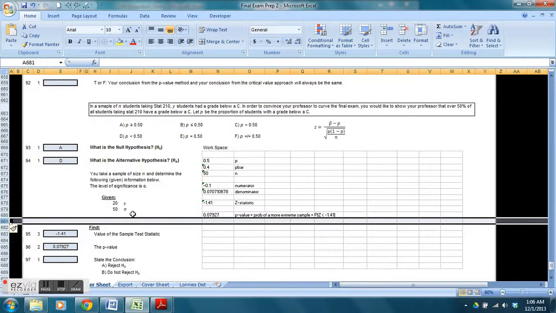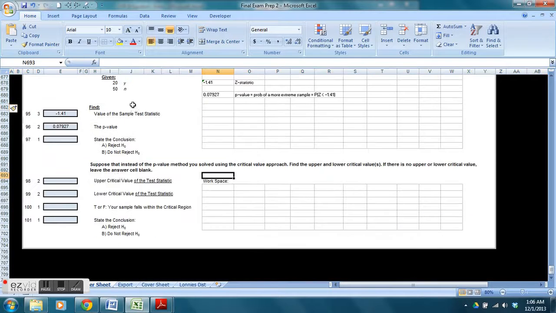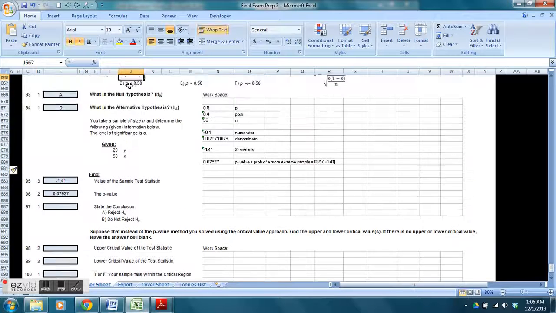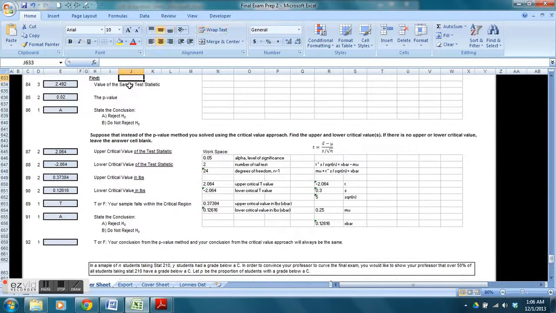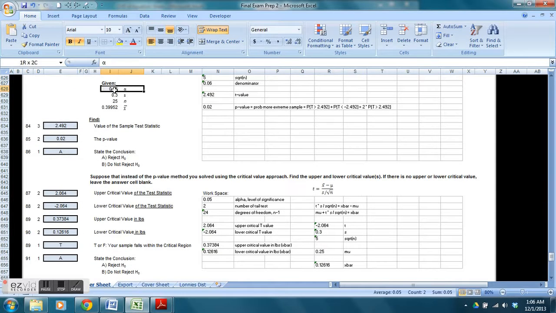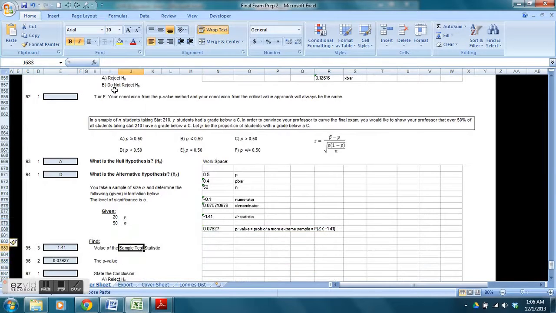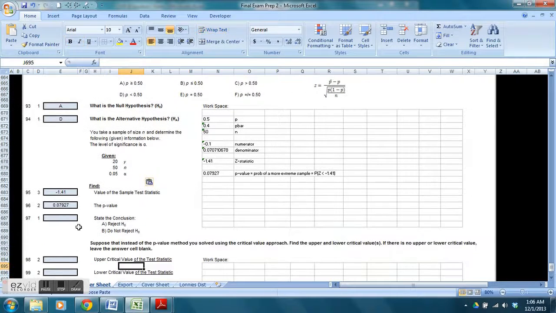And now in this case, the p-value, hold on. We need to put a level of significance in here, I forgot to put one. We'll have a level of significance of 0.05. Now in this case, the p-value is greater than the level of significance, so we choose B. We do not reject the null hypothesis.